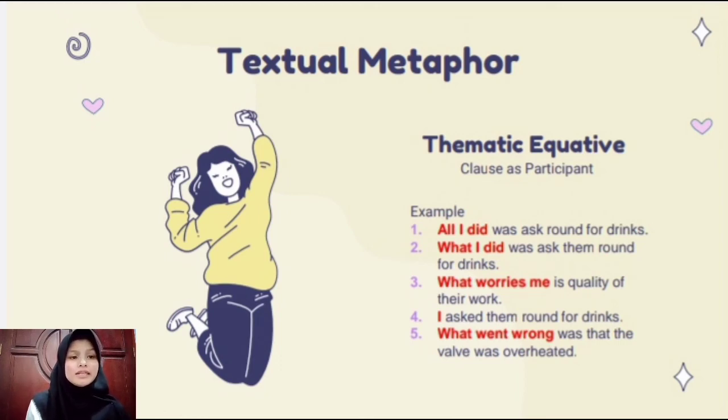Here, the grammatical point of departure is in bold text. It announces at the start what the message will be about. I'm going to tell you what I did. The rest of the clause is in regular text. The structure also applies to other examples.